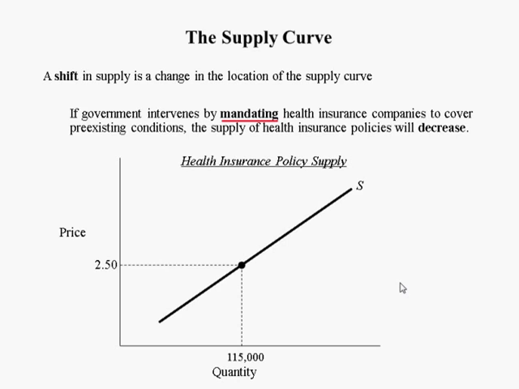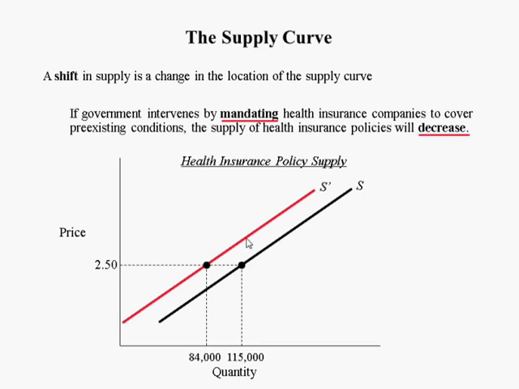Okay? So how does this affect the health insurance market? Well, the first mandate decreases the supply of health insurance policies because it drives up the marginal cost of supplying those policies. And we've already seen many insurance companies get out of a certain type of insurance in some states.